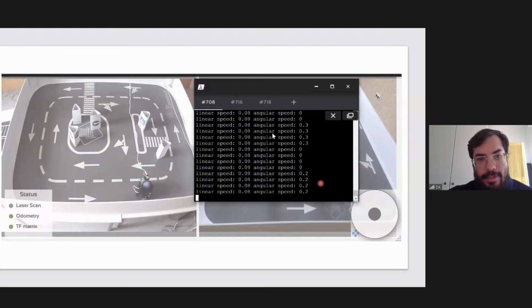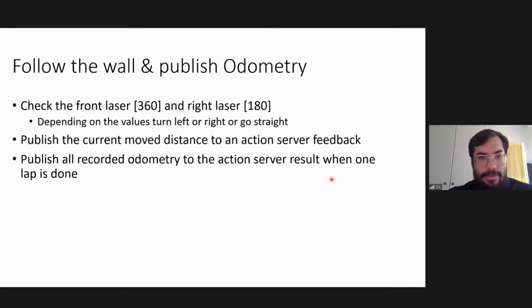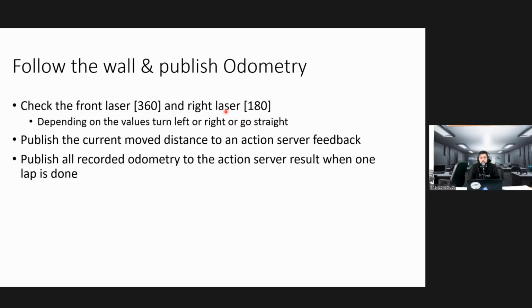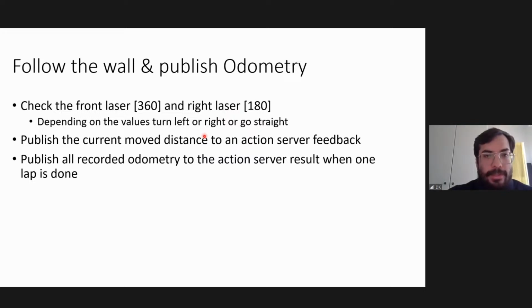Then what it's also doing is following the wall. It checks the front laser and the right laser, and depending on that, I publish angular and linear velocity. So you don't leave it constant? No. Yeah, you see it oscillates, because it's basically just if and else.